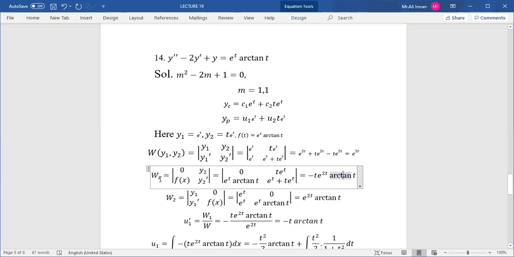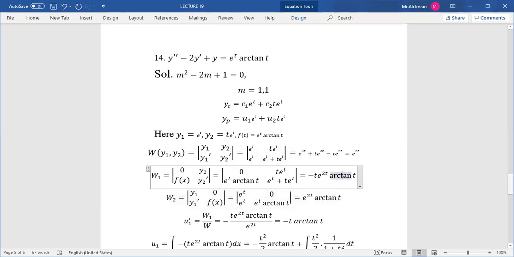If we simplify this, we get W1 equal to minus t e^(2t) arctan of t. In order to find W2, the first column will be the same as W, y1 and y1 prime, and the second column will be replaced with the entries 0 and f(t). If we simplify this, we get e^(2t) arctan of t.